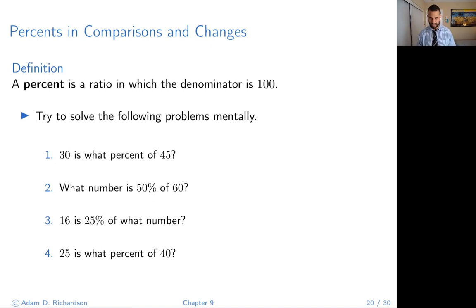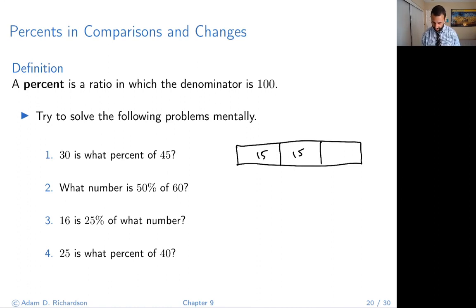Let me draw a little picture of that actually. Once we realize that 15 is a common divisor, we can do this right here: 15, 15, 15. I'll even do this up at the top here. This is 45. Now 30 is this quantity right here. So if you look at just the parts, we can see that it's 2/3.